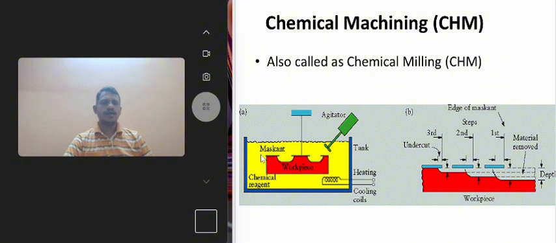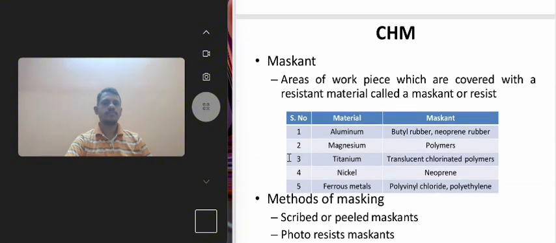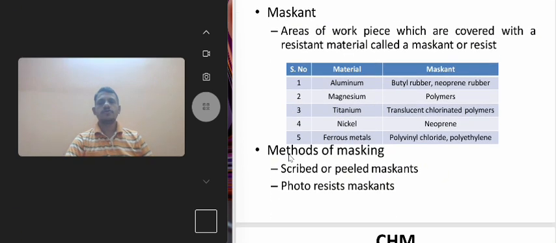For example, where maskant is applied on the workpiece, that area will not be machined. Other areas will tend to be machined. The following table shows the maskant for different materials.